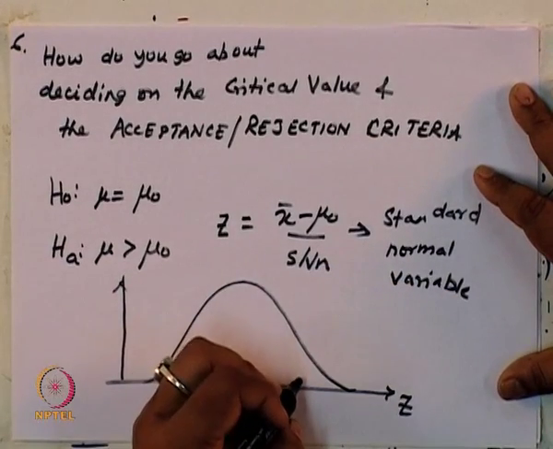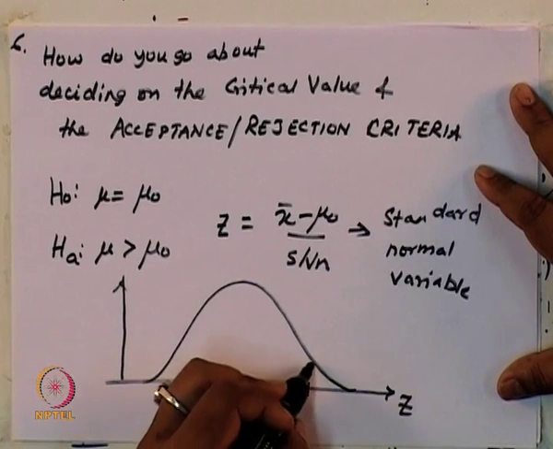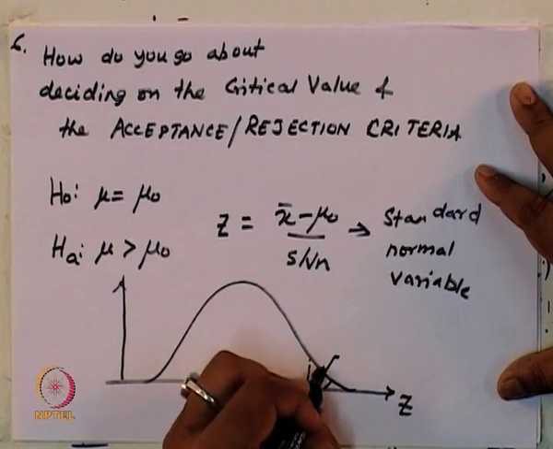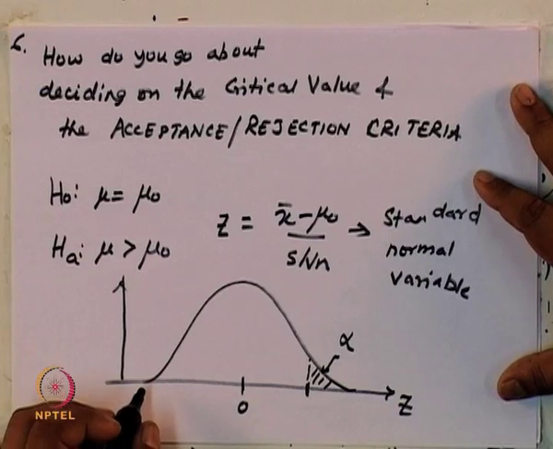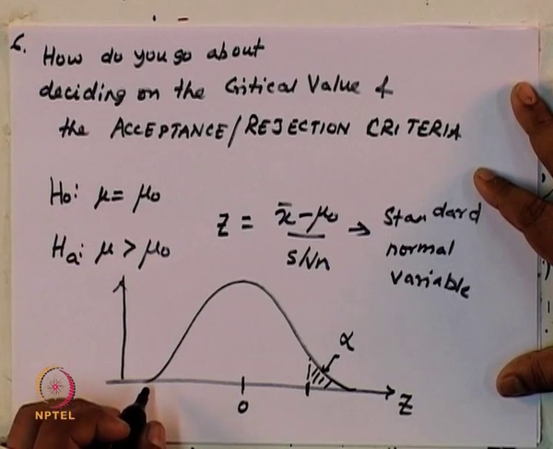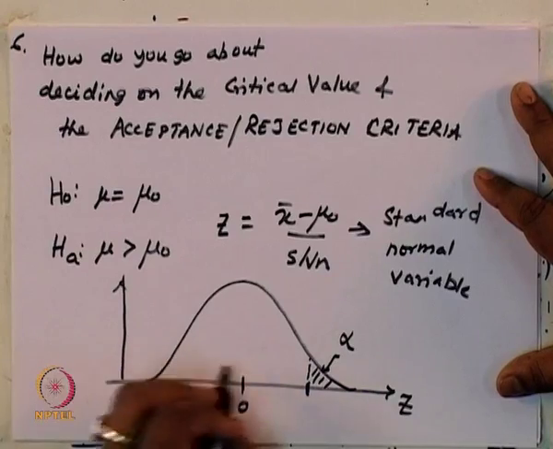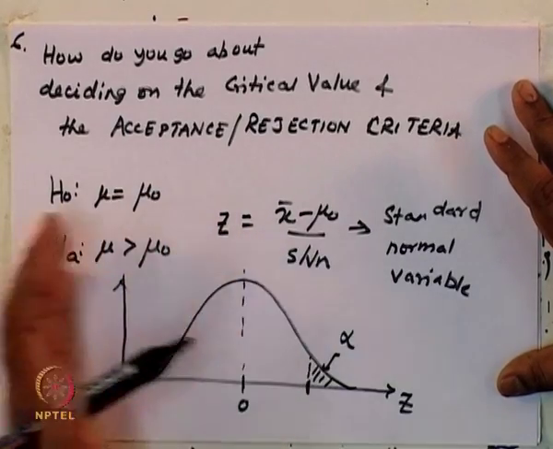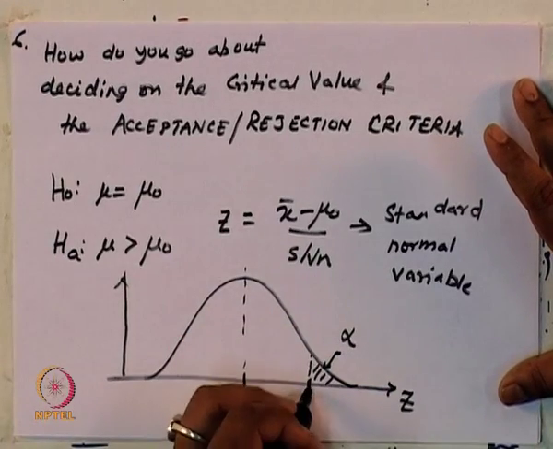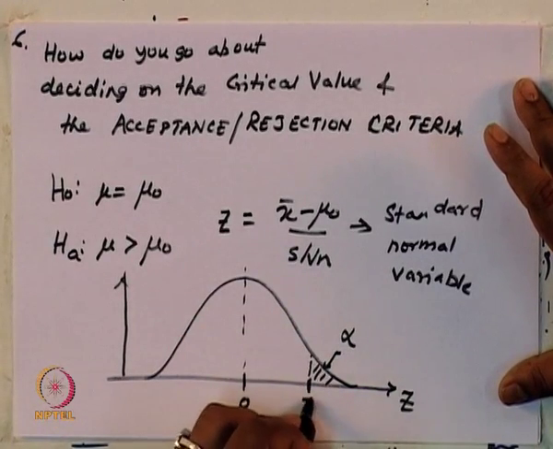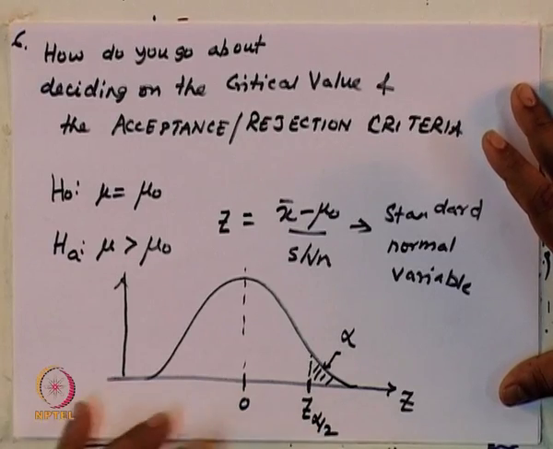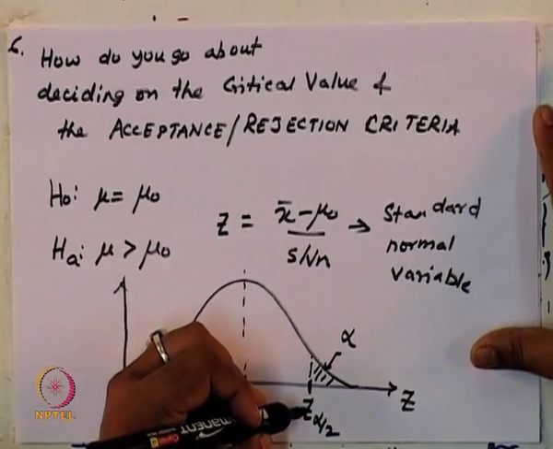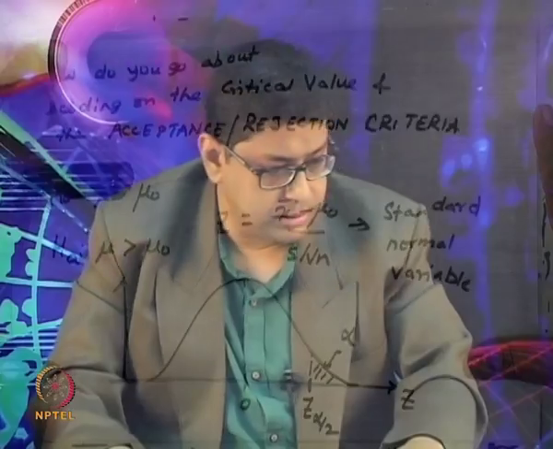I can say that if my Z is more than a certain value, this is the probability; let us call this alpha, the significance level of rejection. In this particular case, since mu greater than mu naught is considered, this part of the curve does not even come into existence. But for this part of the curve, alpha will stipulate a critical value of Z alpha by 2. Depending on the confidence level that we want, we can change this value of Z of alpha by 2, as we have done for our confidence intervals.